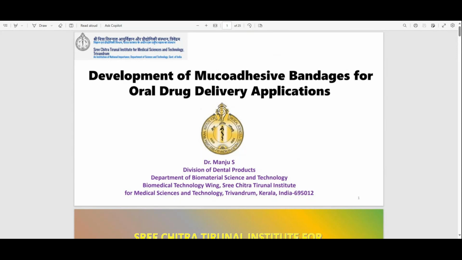I'm coming from the Biomedical Technology wing of Sri Chitra Tirunal Institute for Medical Sciences and Technology, and from the Department of Biomaterial Science and Technology. We have three different divisions within the department, and I'm from the Division of Dental Products. We have developed many devices; a few are already transferred, and some are commercialized very successfully.